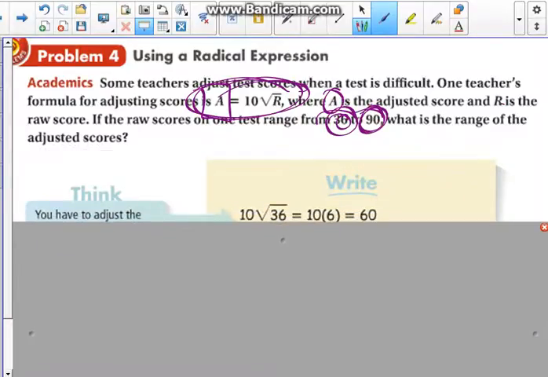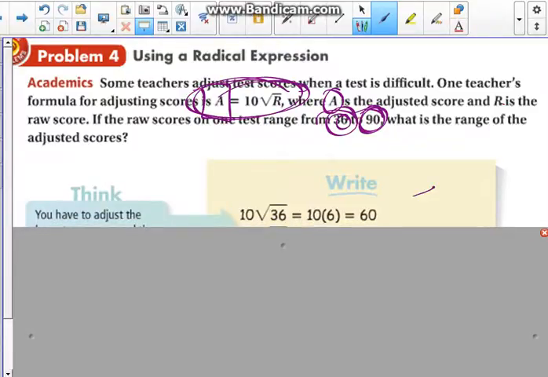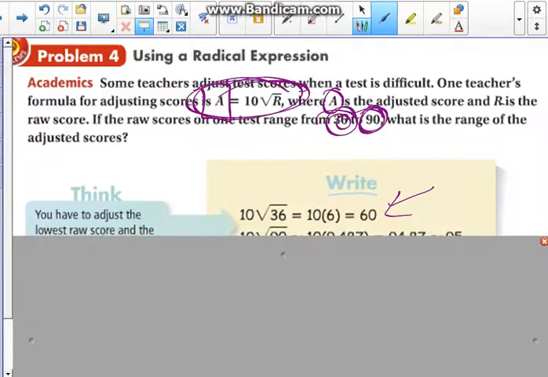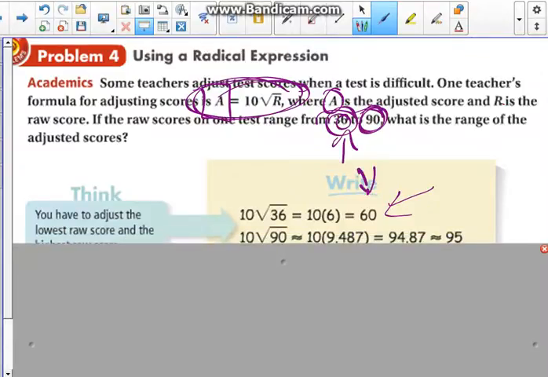So there's the 36. A equals 10 times radical 36, and radical 36 is 6. 10 times 6 is 60. So the bottom of her test was 60. That's the adjusted score. So the child who made a 36 now has a D. And then the high score was 90.